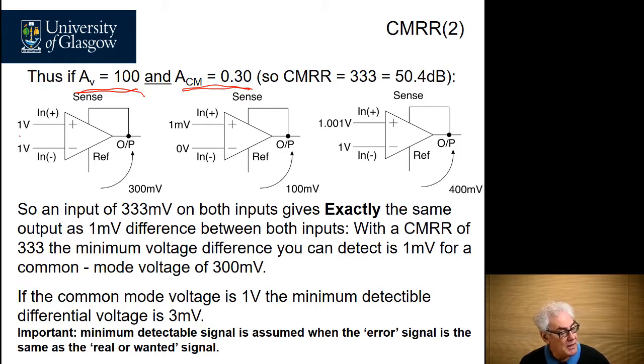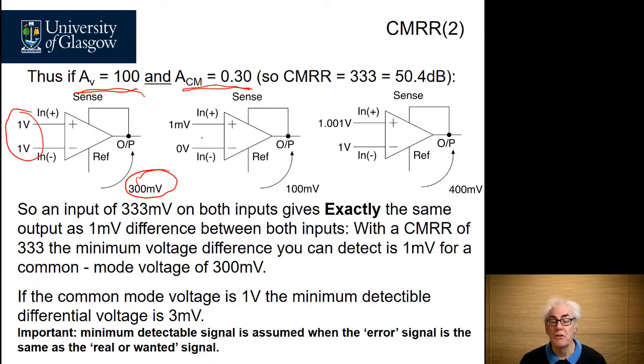So in the first one here, we have 1 volt being applied at both of the input signals, and that gives rise to a 300 millivolt signal at the output because our common mode gain is 0.3. So the average input voltage is 1 volt multiplied by the gain of the common mode, which is 0.3, so we get 300 millivolts output.